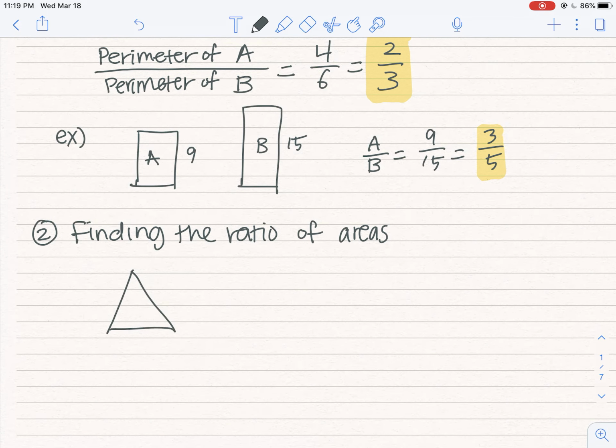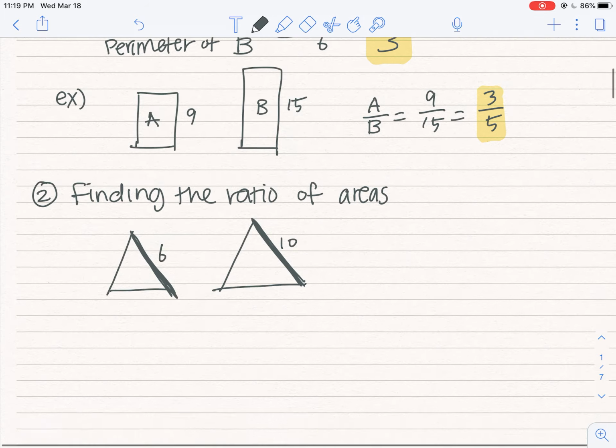So for example, let's say we have two triangles and then this side is 6 and this side is 10. Okay, we have to find the area ratio, which is actually going to be working in slightly different ways.